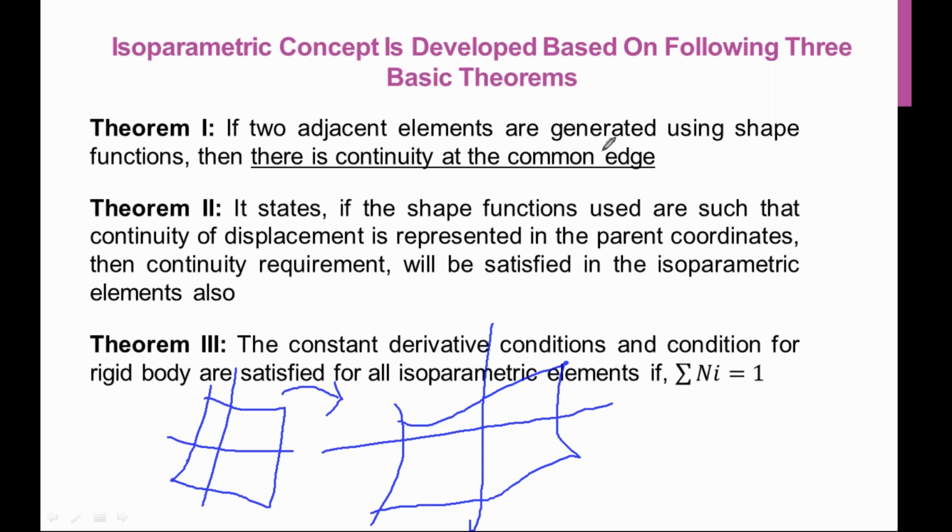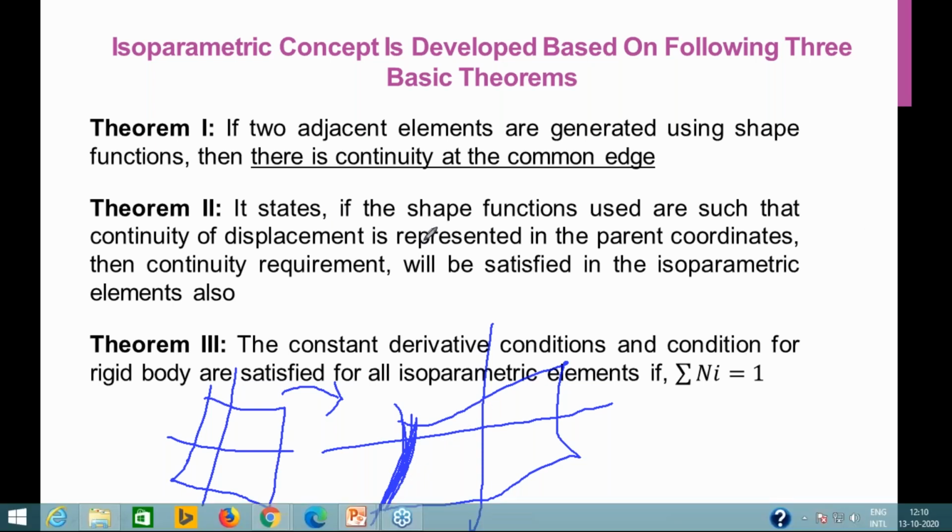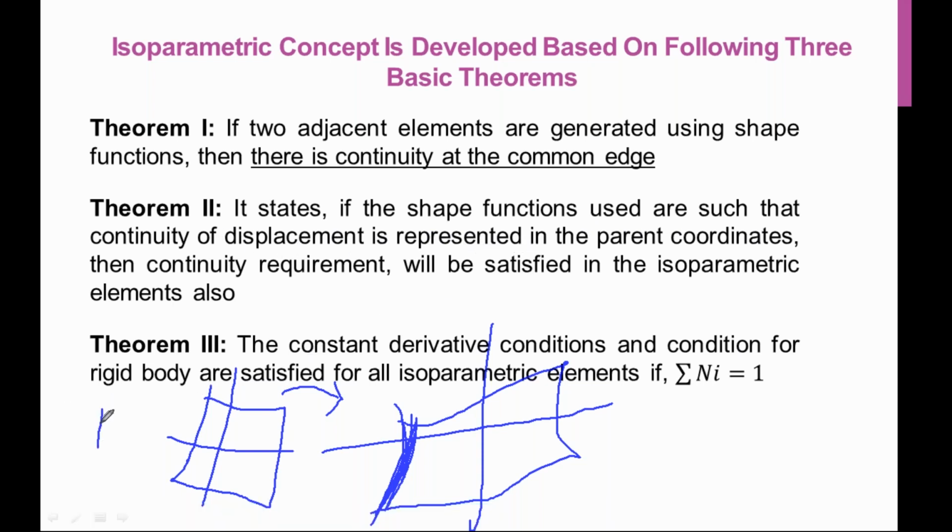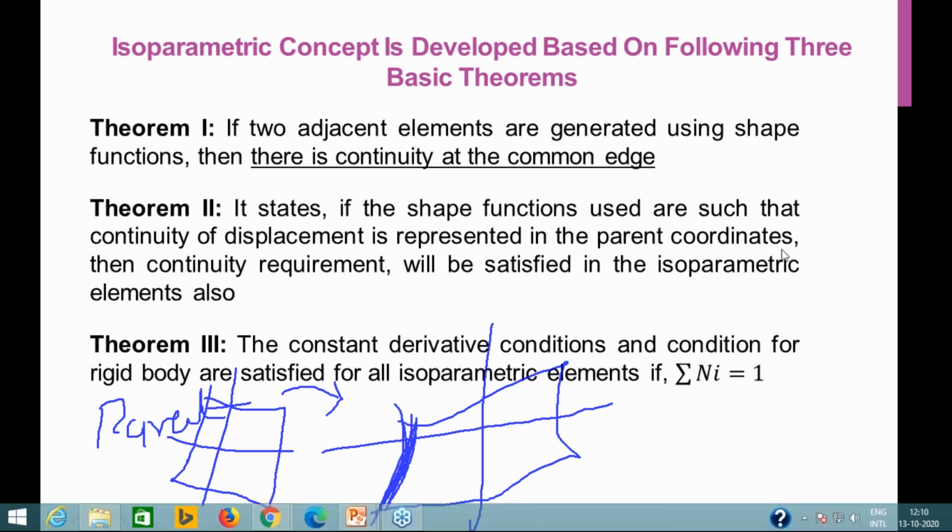Suppose these two adjacent elements are generated using the shape function, then there is continuity at the common edge. Okay, second theorem: if the shape functions used are such that continuity of displacement is represented in the parent element, and this one is the parent element, then the continuity requirement will be satisfied in the child element, that one is the isoparametric element.